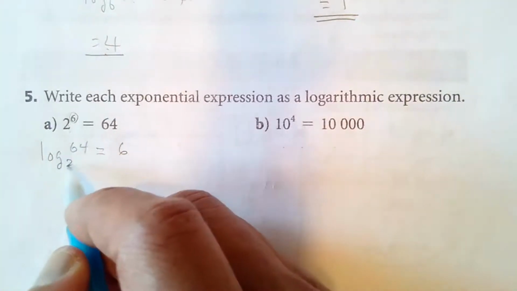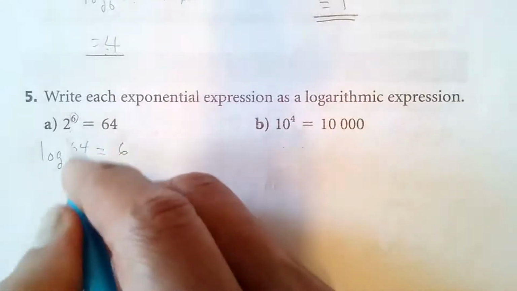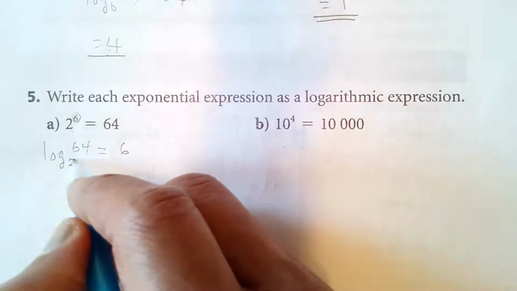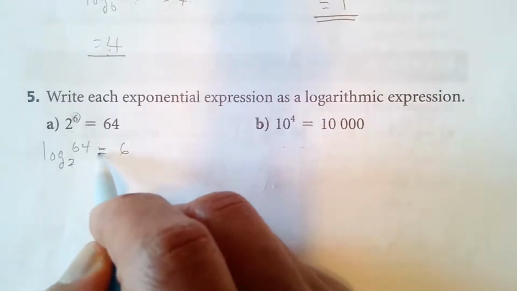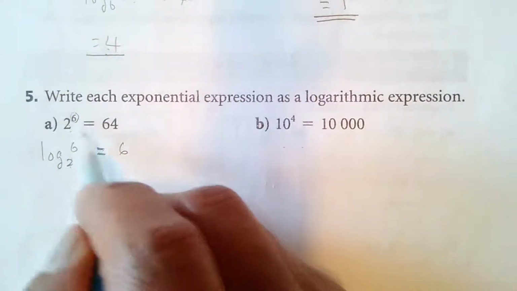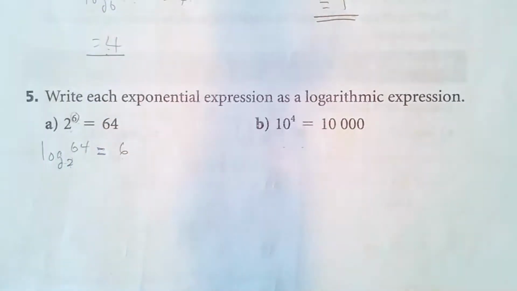So remember that. So we have your base. Now the base for the exponential and the log are the same. And what they are equal to is the exponent. The log is equal to the exponent of the exponential function.